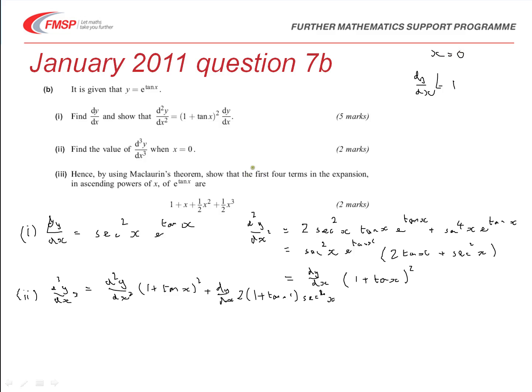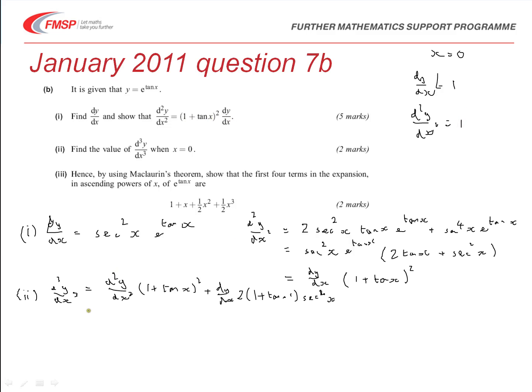And similarly, the second differential will be equal to 1 plus tan x squared. Again, tan of 0 is 0, so that's 1 squared. Dy by dx was 1, so this is still 1.